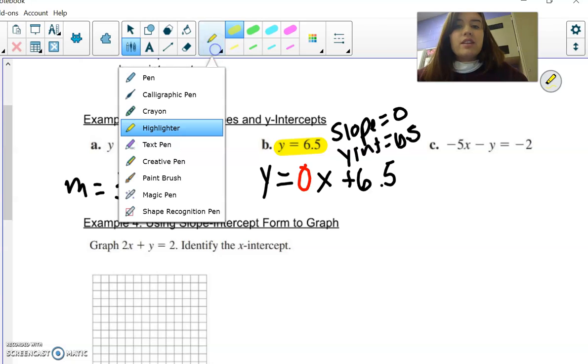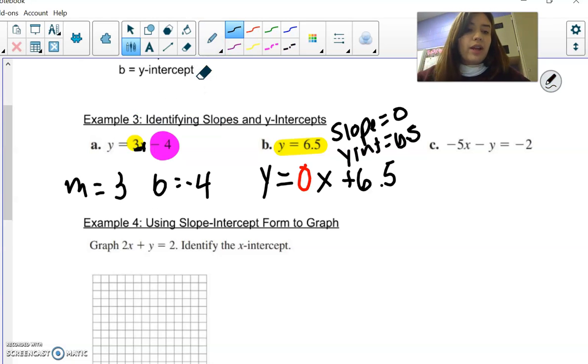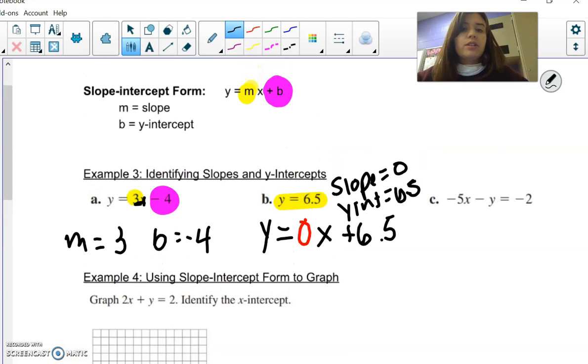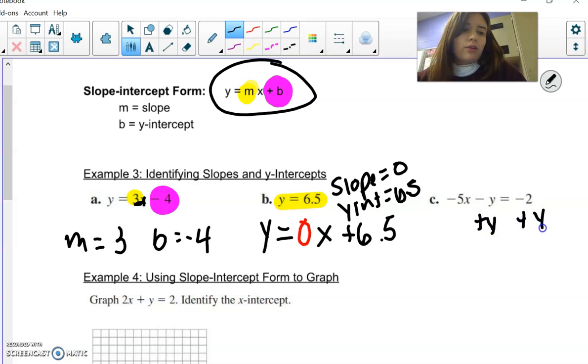Okay, for C, now what we have to do is put this in slope-intercept form. The difference between C and our normal form is that we have to solve for y. It's y equals something. So how I'm going to solve for y is I don't want it to be negative, so I'm going to move it to the right to be by itself.